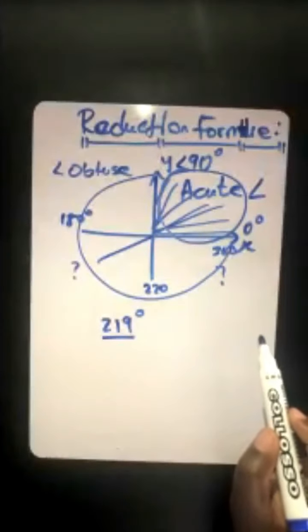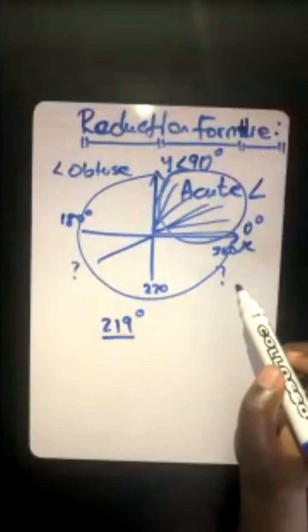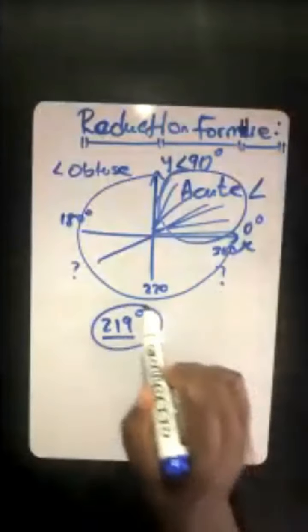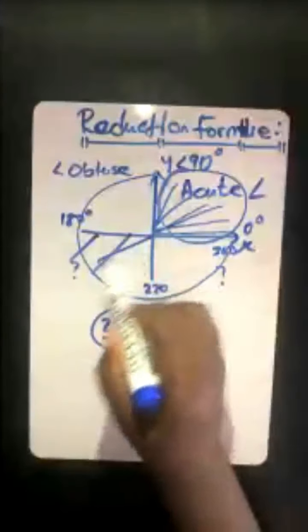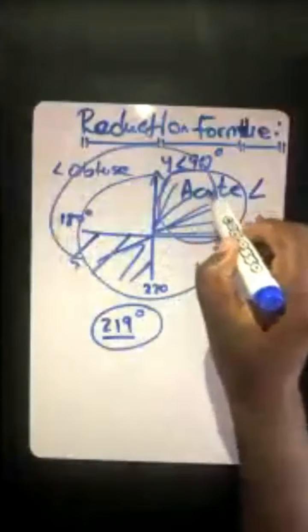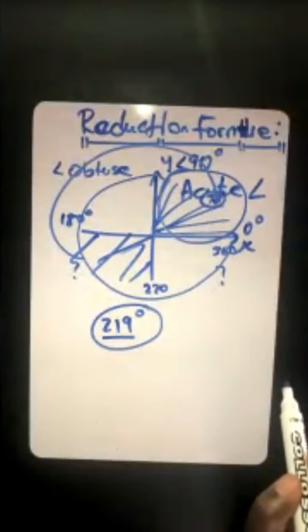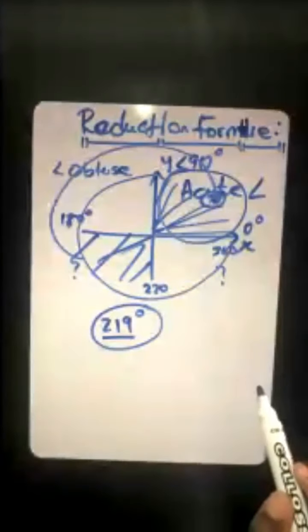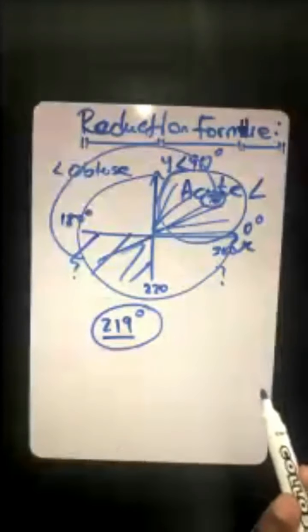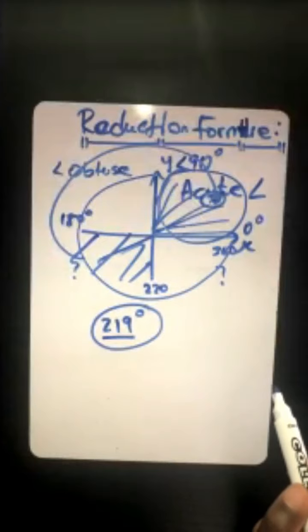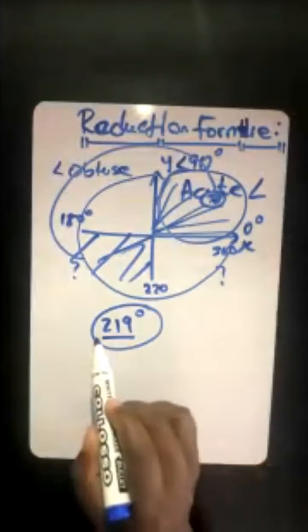Can you see? So we want to use reduction formulae to reduce this angle from that quadrant to the acute angle, which is the first quadrant. That's the definition of reduction formulae as I try to explain it using 219.